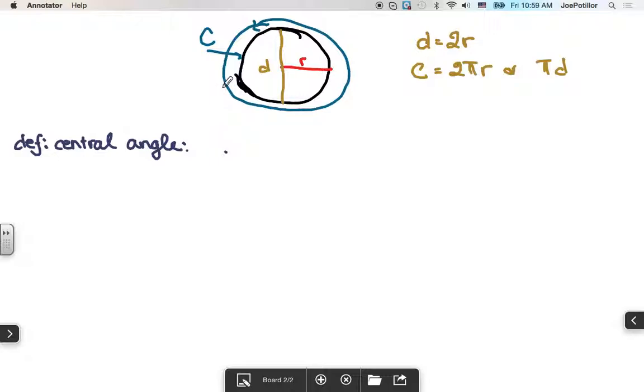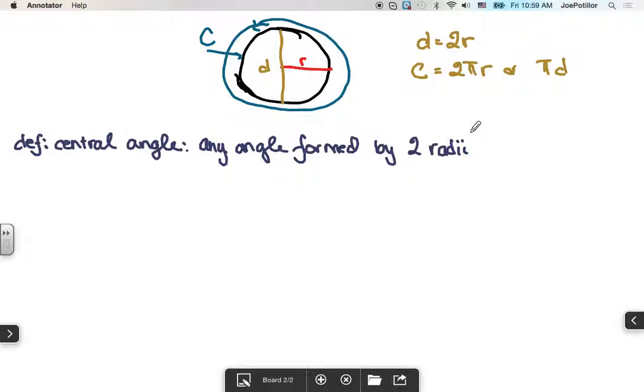It is, of course, any angle formed by 2 radii. So the plural for radius is radii. So any angle that's formed by the 2 radii is the central angle.